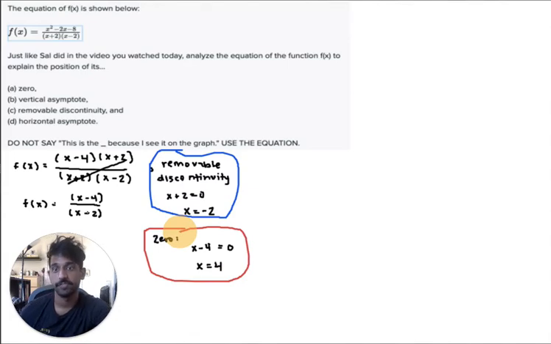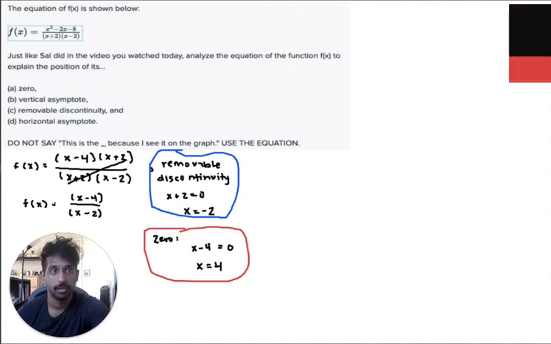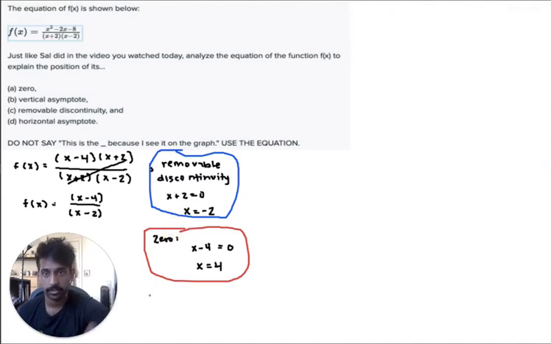And then we also need to find a vertical asymptote. And I know I can do that by looking at the denominator. So in order to find a vertical asymptote, I want to look at the denominator and when that might equal 0. The denominator here is x minus 2. Well, if x minus 2 equals 0, when does that happen?